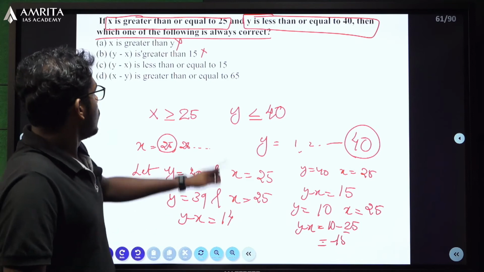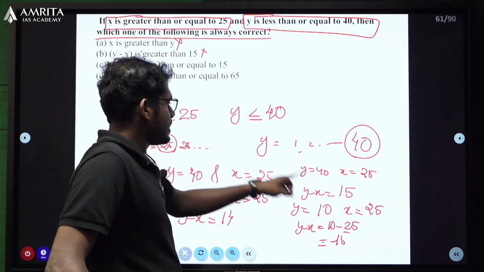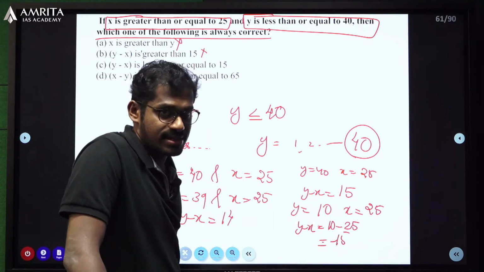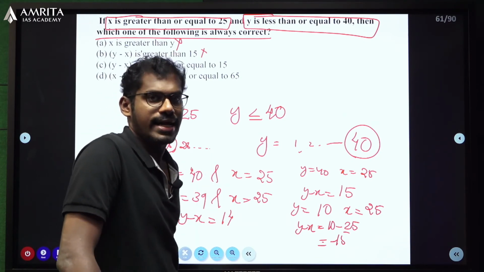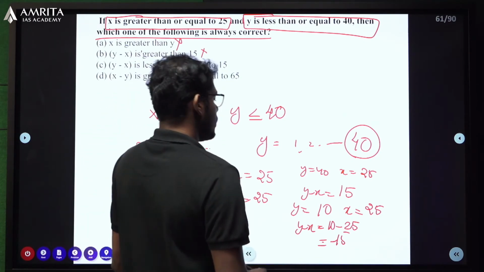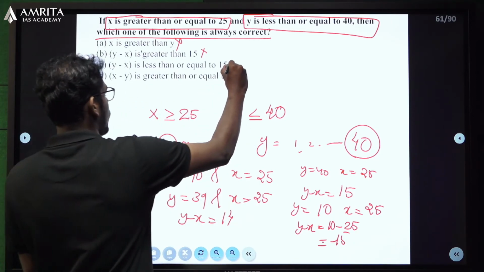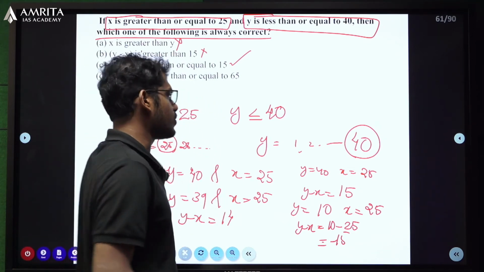Clear? So y minus x is less than or equal to 50. Yes, a value of 15 is possible. Then we got a value y minus x of minus 15. Actually it is also less than 15, though it is in the negative domain. So y minus x is less than or equal to 15. Yes, it is possible to have a value of y minus x less than or equal to 50.